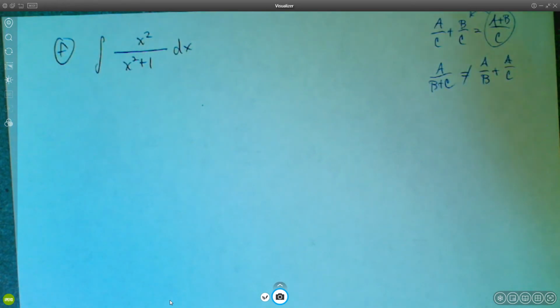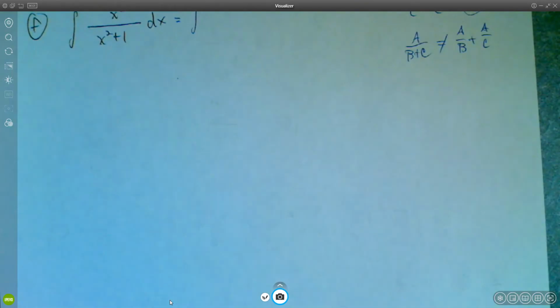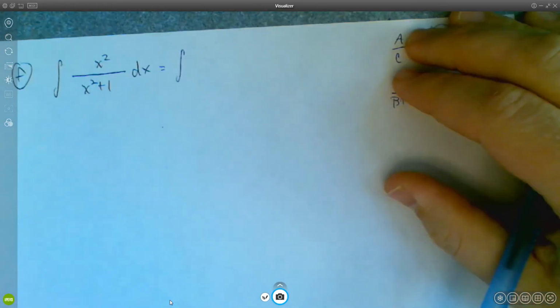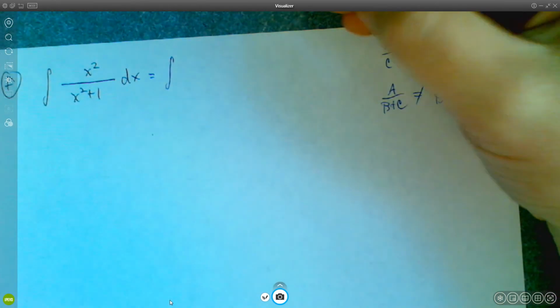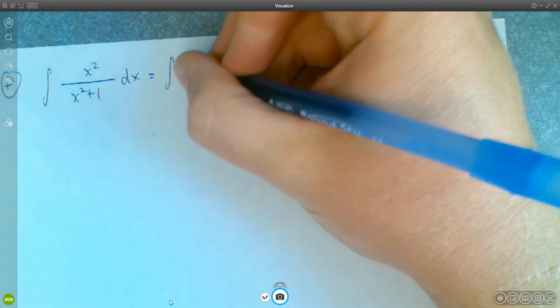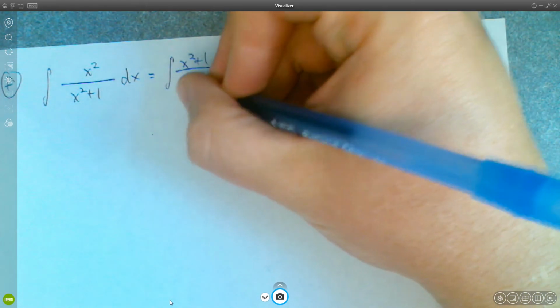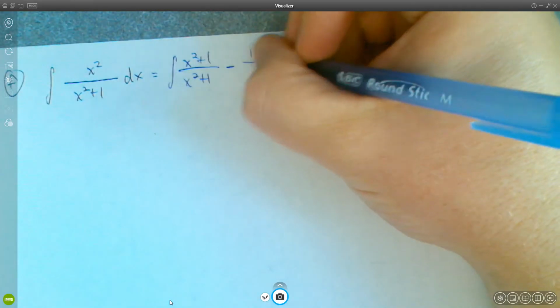Now I'll admit to you that on this one I kind of had to look at the textbook to figure out what the trick was, because it is really tricky. But you can think of it as follows. I can add 1 as long as I then subtract 1.